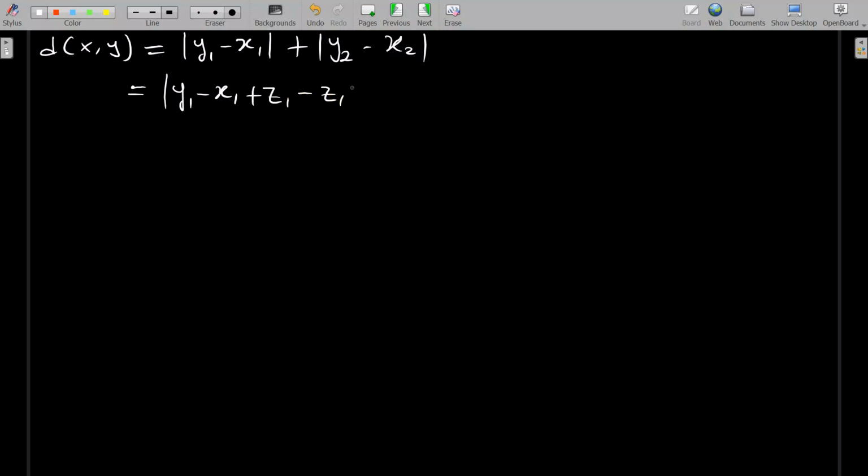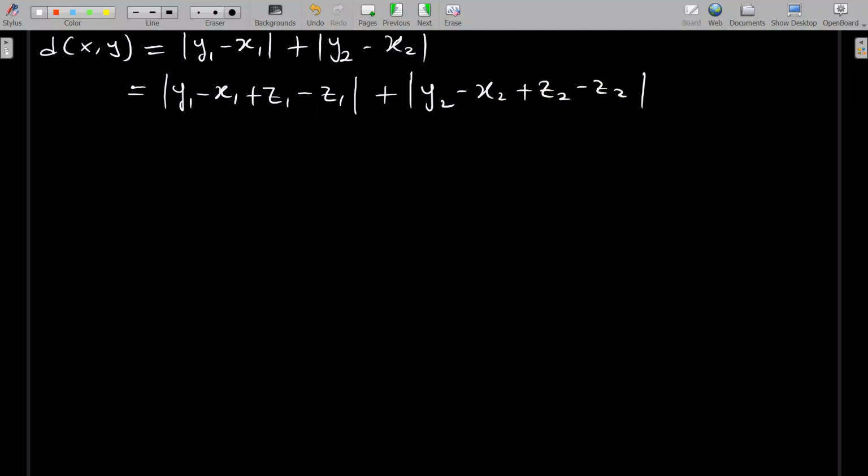So z1 minus z1 is the same as 0, and you get back this same thing. You do the same to this side: y2 minus x2 plus z2 minus z2, and if you simplify, you get back your first part of the equation.